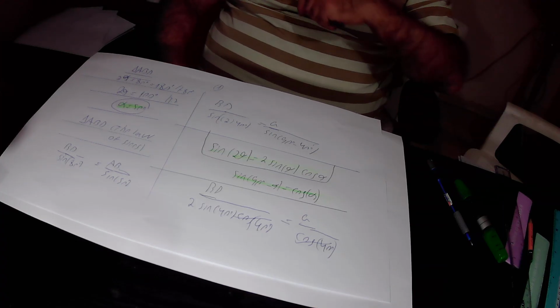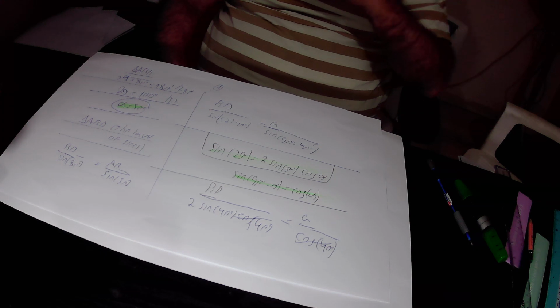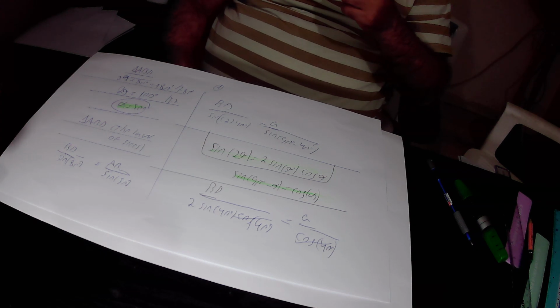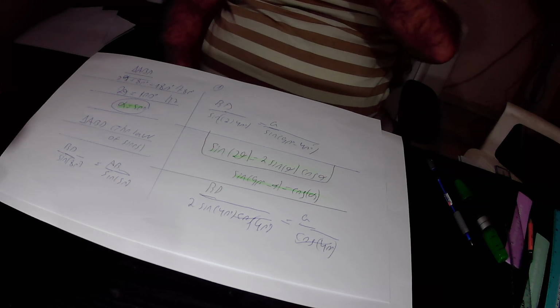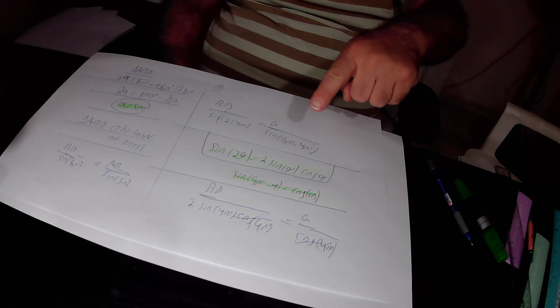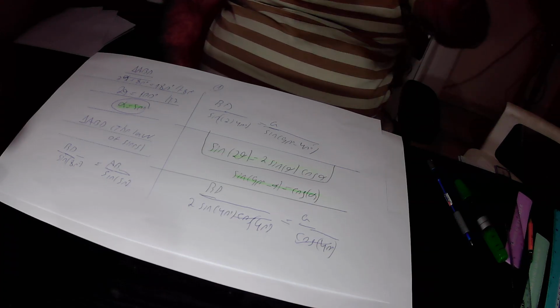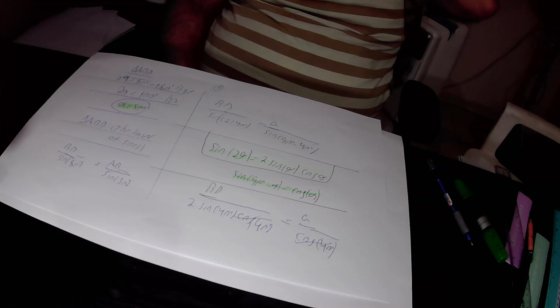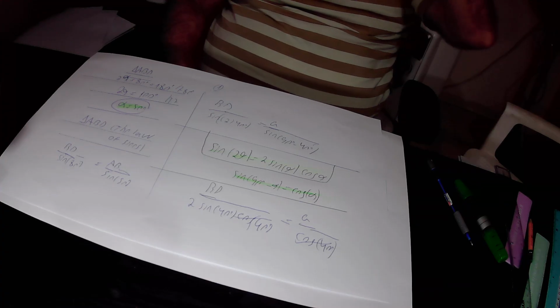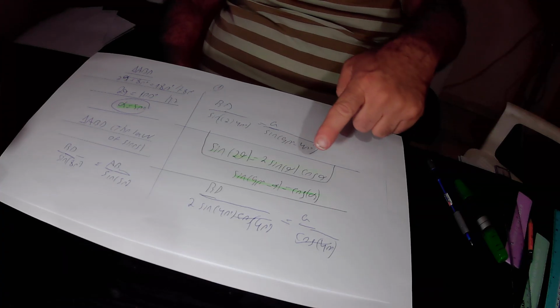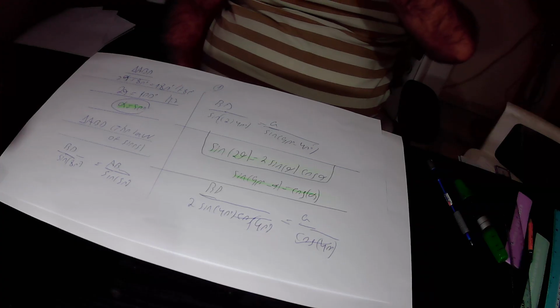Here we have two trigonometric identities. The first says that sine 2 alpha equals 2 times sine alpha times cosine alpha. The second says that sine of 90 degrees minus alpha equals cosine alpha.